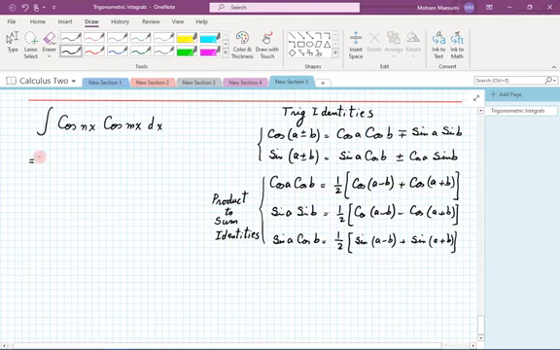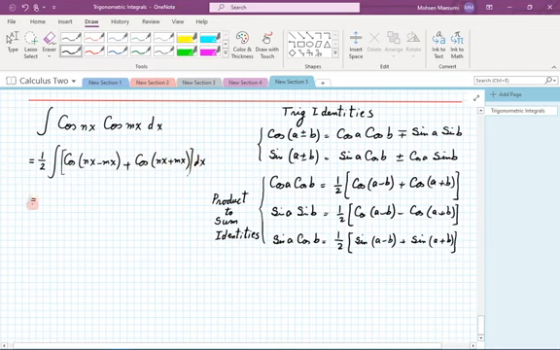So here, this tells me this is 1/2, the factor of 1/2 I put outside, times the difference of the two angles, so it's going to be cosine of nx minus mx, and then the sum of these two, cosine of nx plus mx, and then the whole thing is times dx.